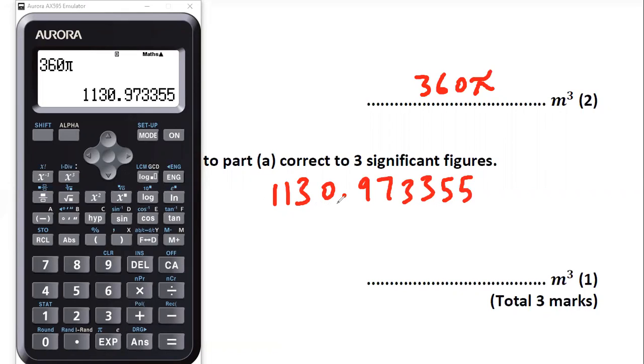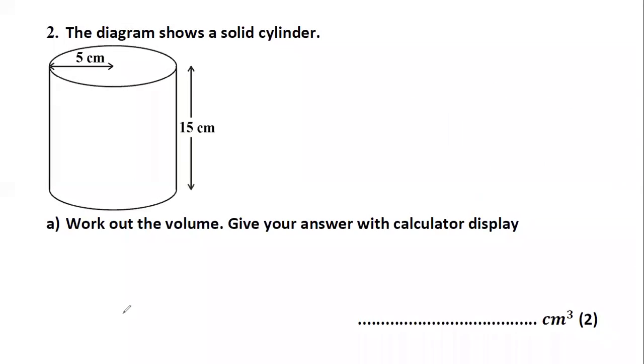If I want to round this to 3 significant figures, I need to look at my third significant figure. So first, second, third. What's the place value of this? This is 10. So I need to round this number to the nearest 10. If I round this number to the nearest 10, I will get 1,130 meters cubed.